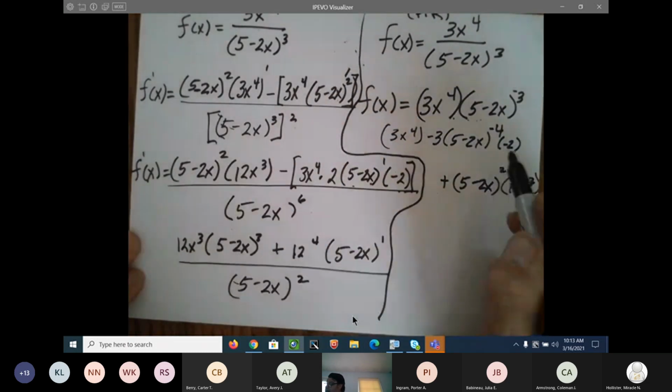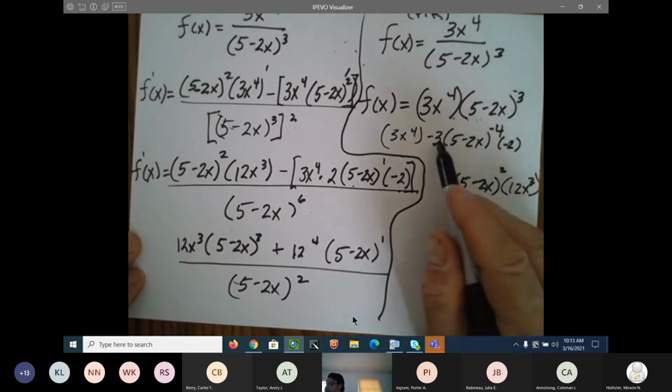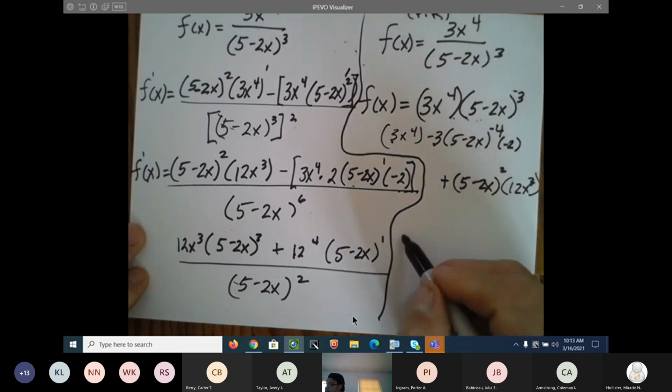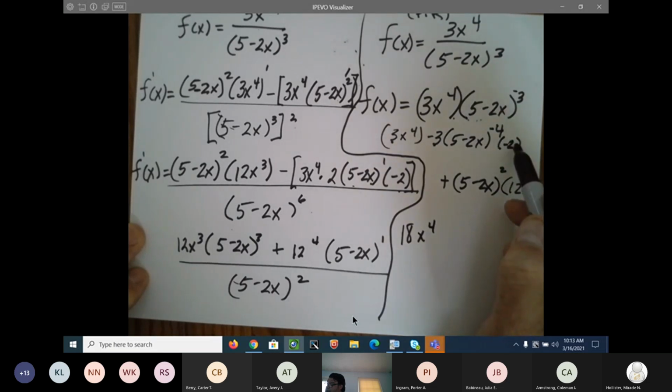We're going to be able to take this negative 2 and this negative 3. That's a positive 6 times 3 is 18. So that's going to be 18x to the fourth. I'm checking.